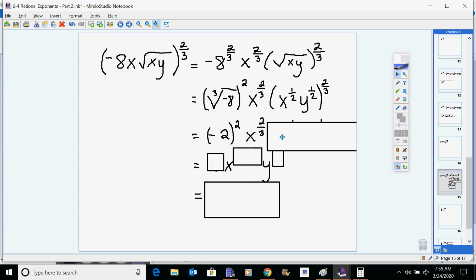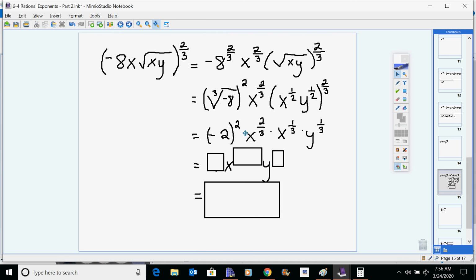This one we're still leaving as x to the 2/3 power. This 2/3 gets multiplied in times each one of those pieces. So 1/2 times 2/3, don't forget that you can cancel out that, so you end up with 1/3. 1/2 times 2/3, you're still canceling that out, so you get y to the 1/3 power.